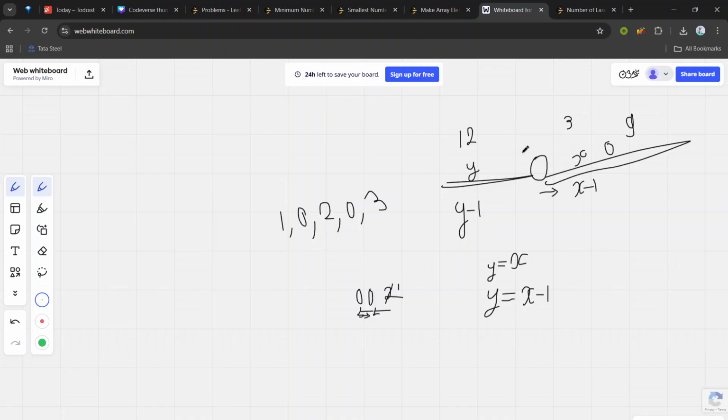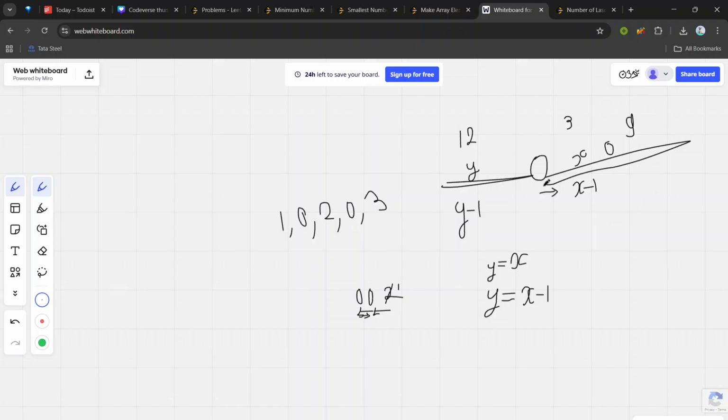So what is the conclusion you can derive? For any 0, if we start moving in a particular direction, the case for the operation to be successful, to be valid, has two possible ways. If the sum on the left side is equal to the sum on the right side, then it is possible.